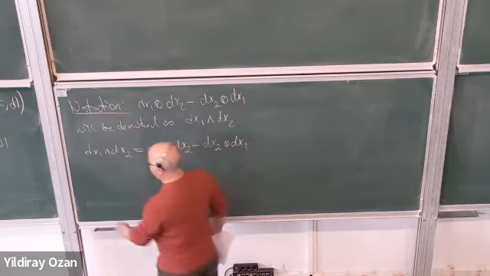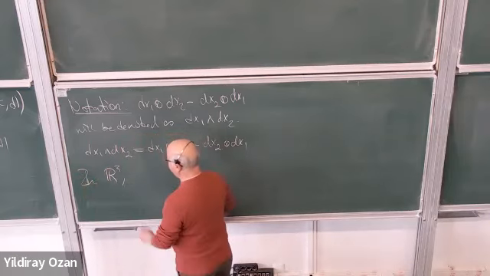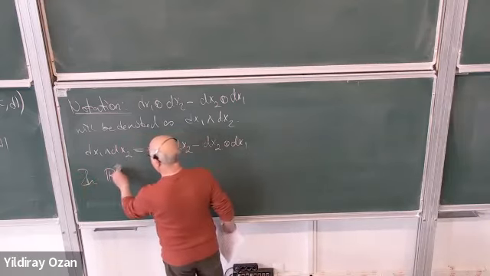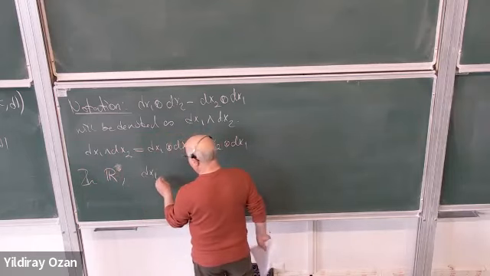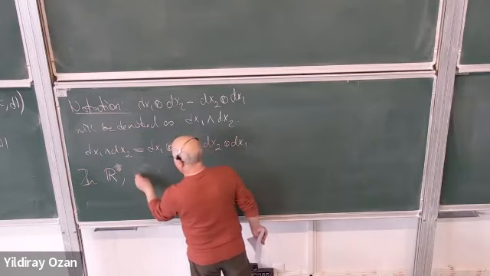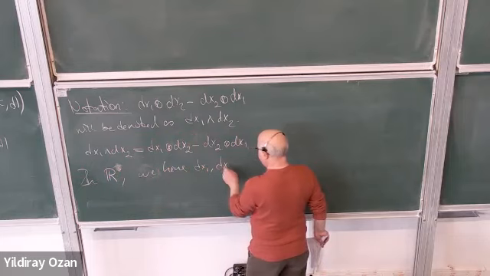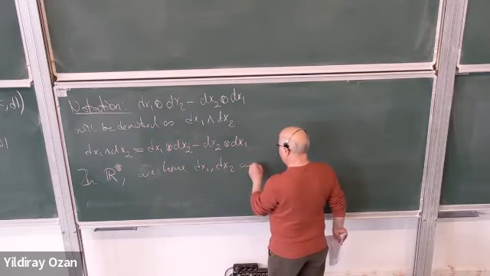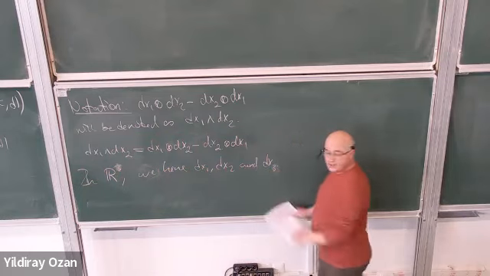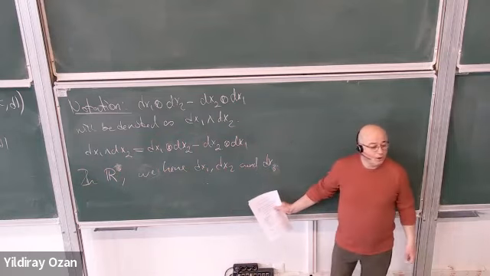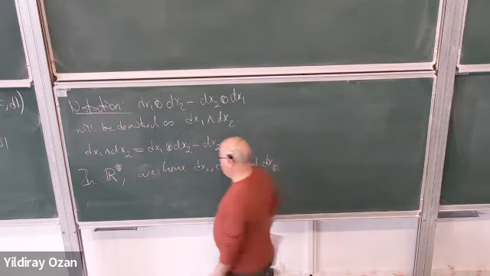So in R3, a one form is something like this. We have dx1, dx2, and dx3, right? These are kind of basis elements for one forms, and any one form is a combination of these, right?